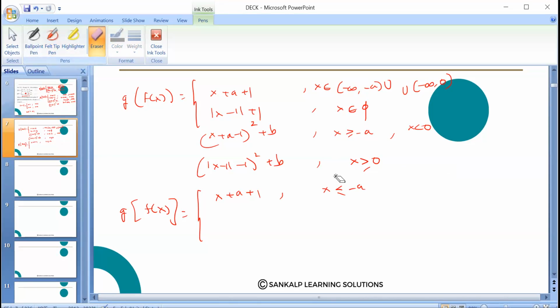Equal to also we can remove because we did not take equal to in the previous step. And now x greater than or equal to minus a and less than 0, that will be x plus a minus 1 whole square plus b.